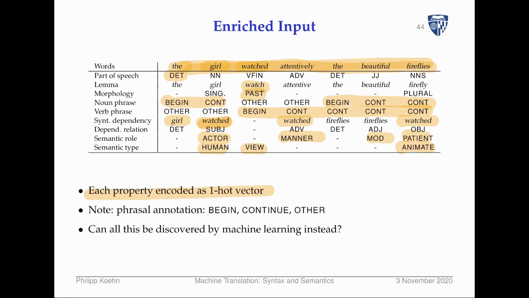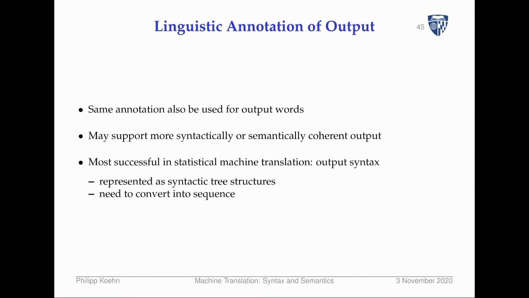So the input then is not just a one-hot vector, but a concatenation of one-hot vectors, where each of these individual one-hot vectors stands for one of these categories. So we can add all this, and the question is, do we need to add all this, or can this be discovered by the machine learning itself? Okay, let me rant about this at the end a bit more.